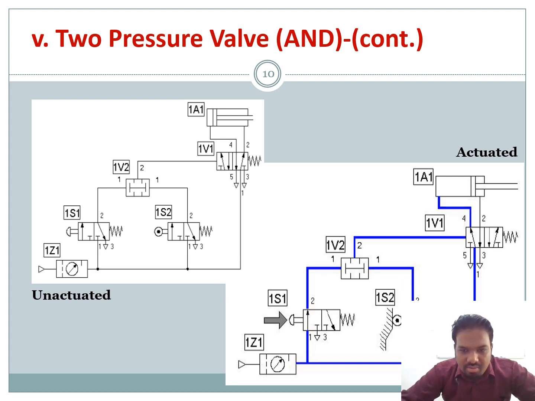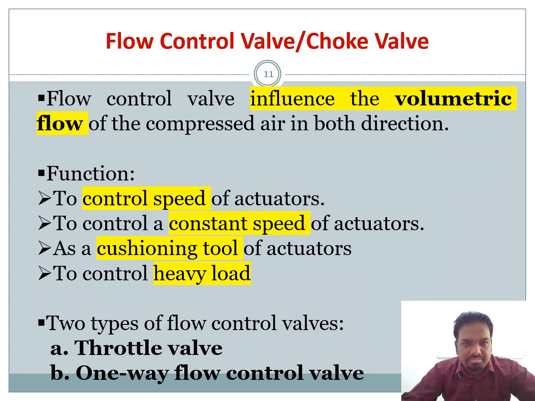If the roller valve is actuated, meaning it is in contact with the surface, it is considered as activated. And you have a push button here, so you press. When you press, you have two inputs to your two-pressure valve or your AND gate. So the condition is met and you have an output at port 2 in 1V1, 1V2. It will activate your DCV and your cylinder will be extended. Okay, so that is two-pressure.